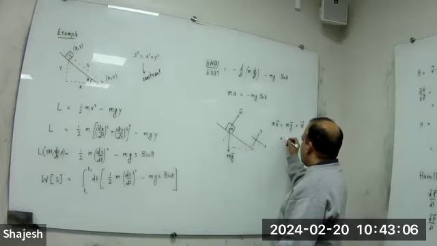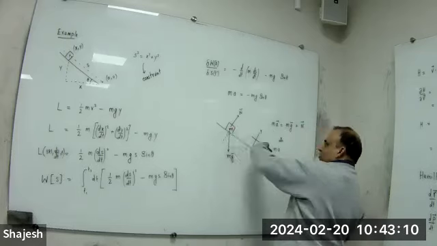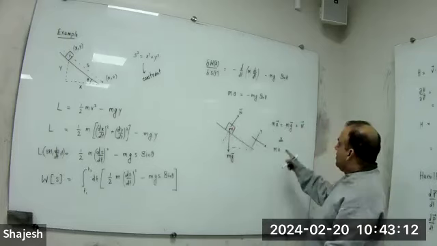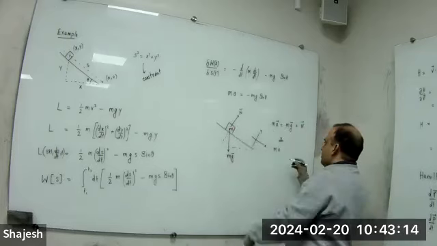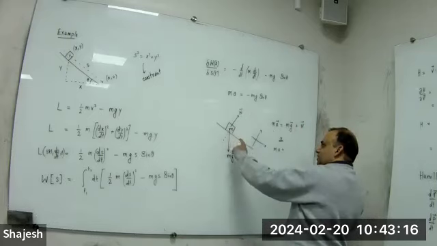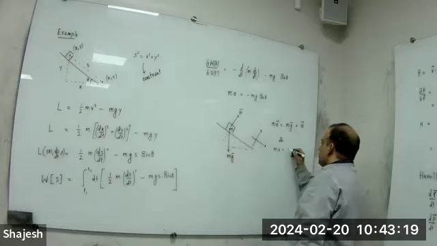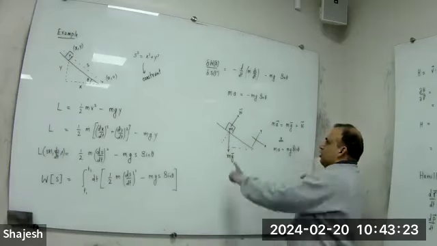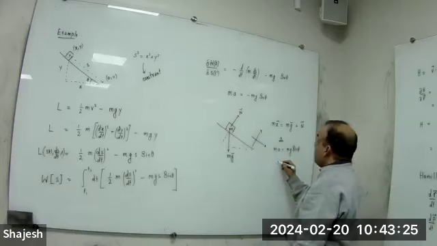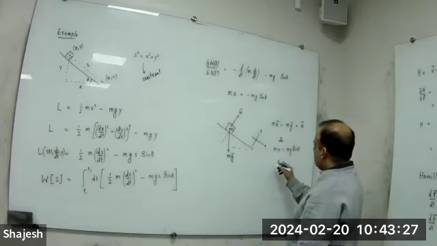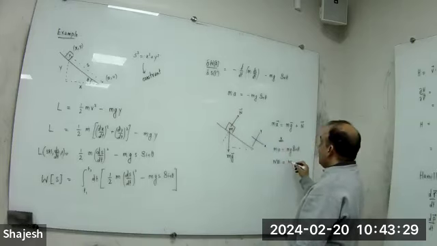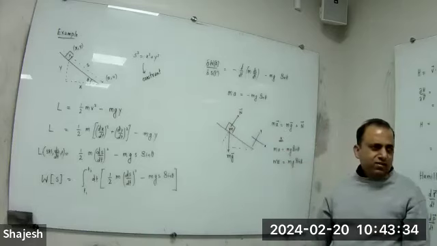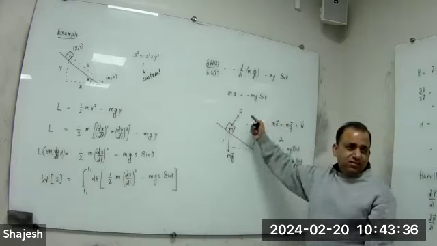In the x direction, I have mass times acceleration, positive, right? And mg has a component, so it is in the fourth quadrant, so mg is positive, so it is mg sine theta. And normal force doesn't have a component, right? So ma is equal to mg sine theta. Okay. Positive. So what happened here?